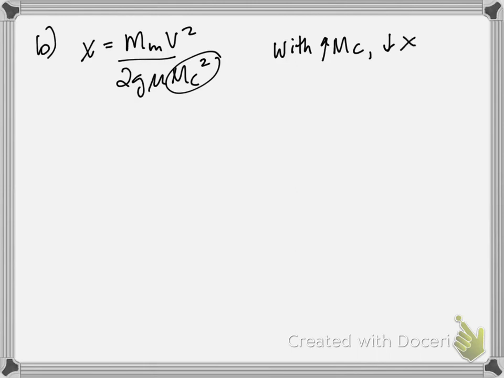Okay, so 1 point again for functional dependence, by saying that x and the mass of the cannon are inversely proportional. And then 1 point for saying that, since the mass of the cannon increases, the distance it goes back decreases. So 2 points for part B. Excuse me, I was getting ahead of myself.